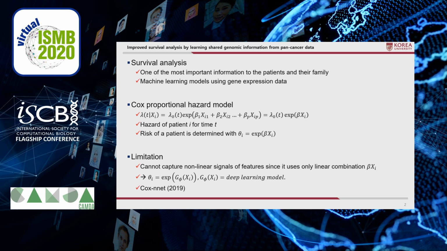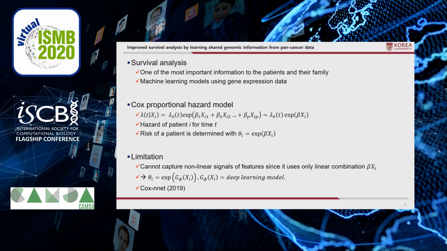The basic assumption of the Cox model is that the probability of survival over time follows an exponential function, and the slope of each survival curve is determined by the patient features. And the patient features, like expression of genes, are aggregated by weighted sum and represented as a single value.